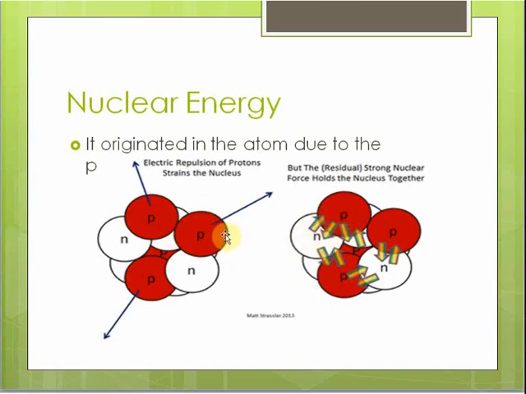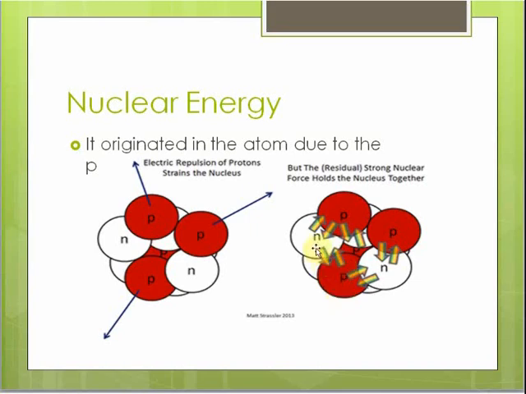So inside the nucleus we have two things: repulsion force and attraction force. Repulsion force between the positive protons, and attraction force between the protons and each other, and protons with neutrons.